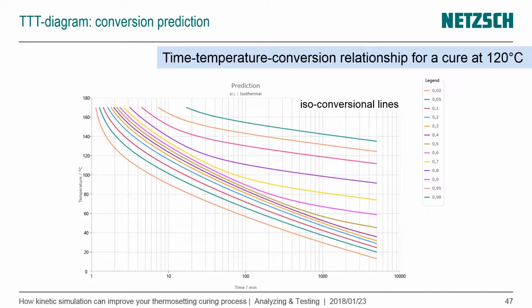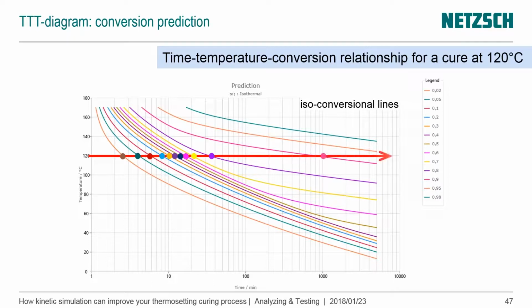So, for example, have a look to the green curve on the upper right. We process this material at 160 degrees C and we move down and we could see, okay, we need 50 minutes to reach a degree of cure of 98% at 160 degrees C.